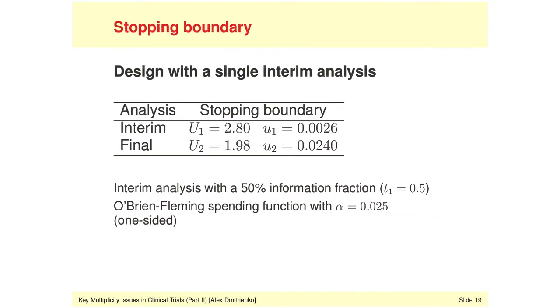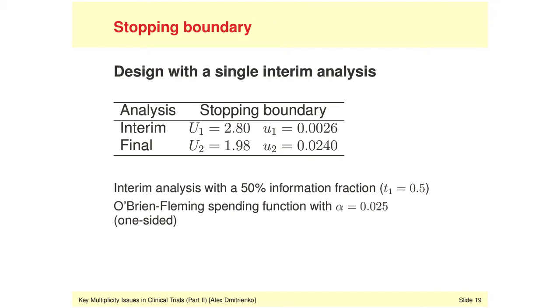This table gives us commonly used values of stopping boundaries on the test statistic scale or on the p-value scale. We're going to assume here that the interim analysis will be taken at the point which corresponds to a 50% information fraction. In other words, T1 is set to 0.5.